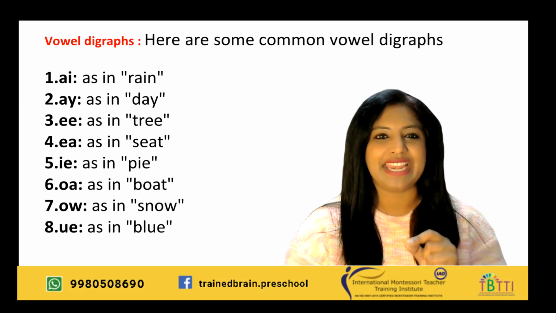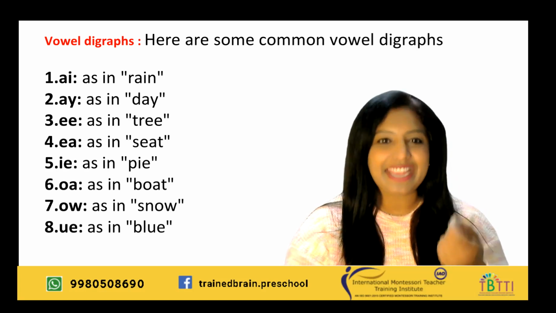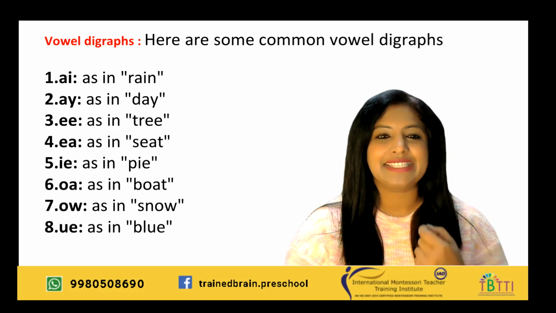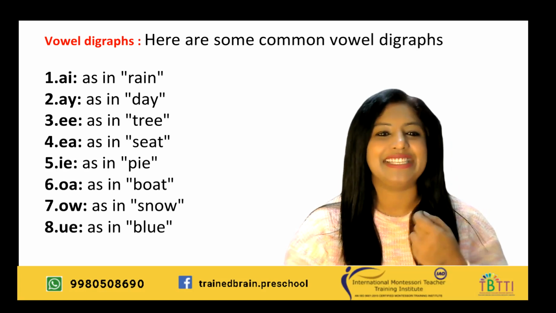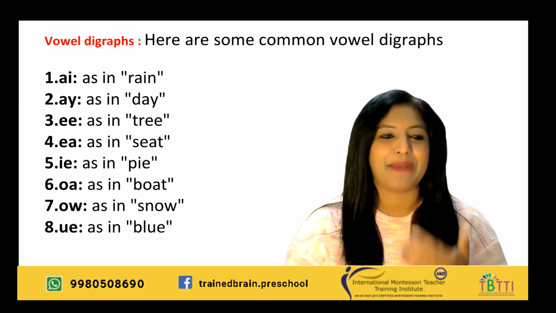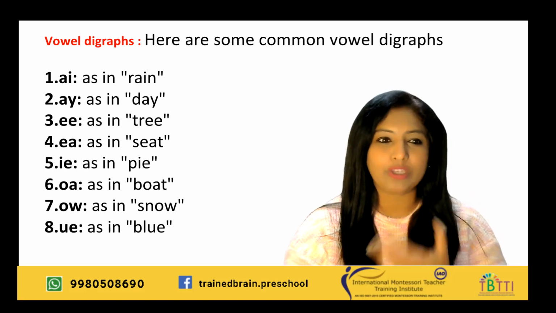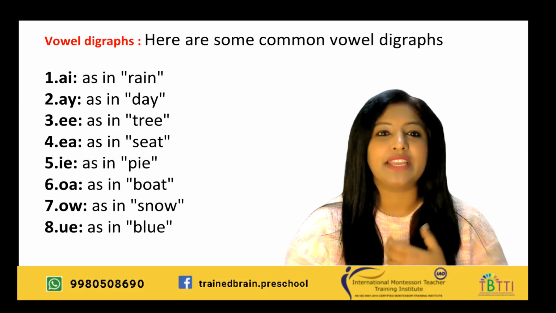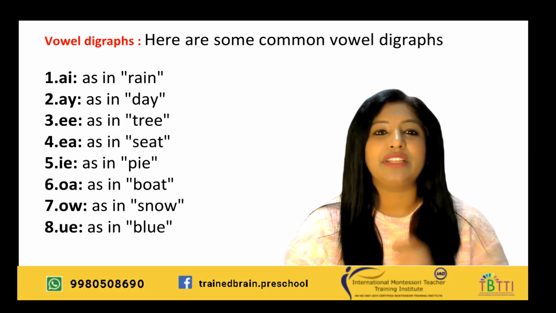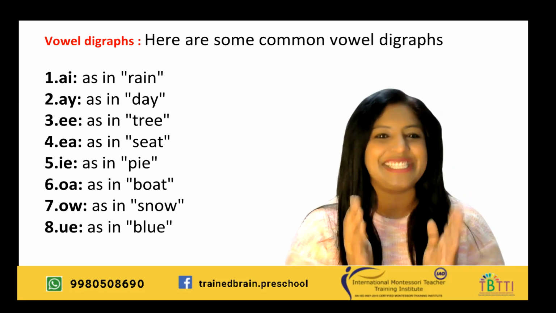AI sounding A as in rain, AY sounding A as in day, EE sounding E as in tree, EA sounding E as in seat, IE sounding I as in pie, OA sounding O as in boat, OW sounding O as in snow, UE sounding U as in blue. So these are the 8 vowel digraphs.